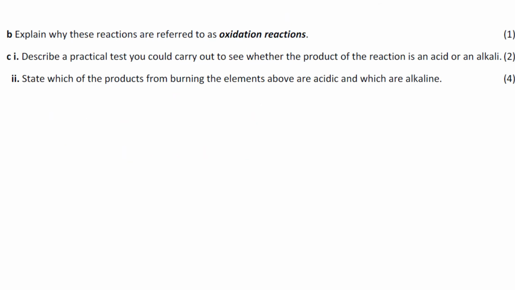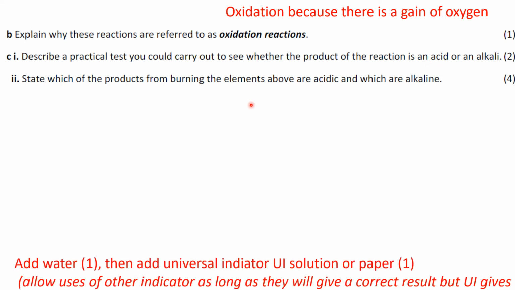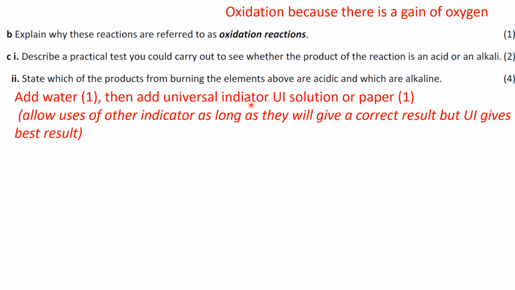Question 4b, your oxidation reactions are when a substance gains oxygen. A practical test you can carry out to see whether the product is an acid or alkali is you could add water and then universal indicator solution or paper. You'll get 1 mark for saying water and then 1 mark for saying either universal indicator solution or paper.